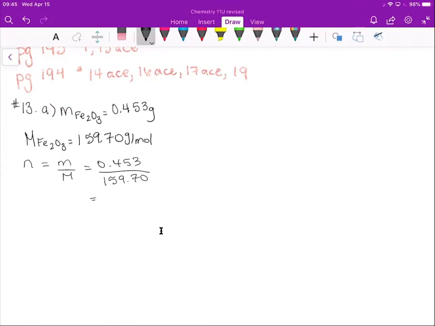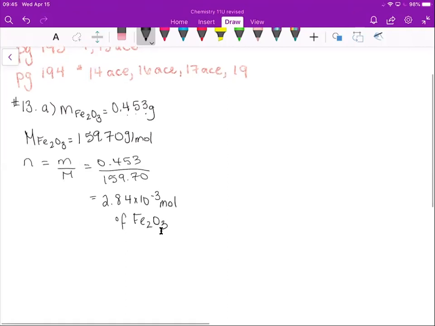I always just leave it unitless until my final answer. Let's follow significant digits. I have 3 significant digits here, so I'm going to use 3 significant digits. 2.83656, whatever, is going to round to 2.84 times 10 to the minus 3 moles of iron oxide.